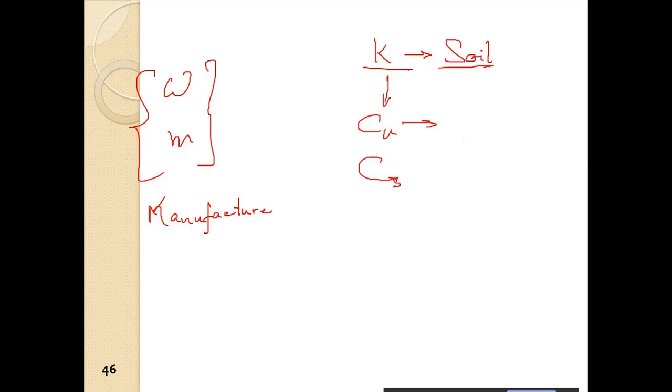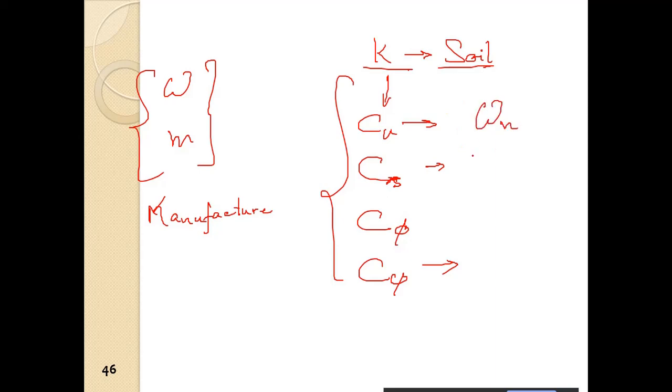C tau, uniform shear, C phi, non-uniform compression, and C psi, non-uniform shear. So these are the properties that we have to determine from the test. Apart from that, we have to determine the natural frequency of the system and the maximum amplitude that will occur in the machine foundation, all combined, machine, foundation, and everything.